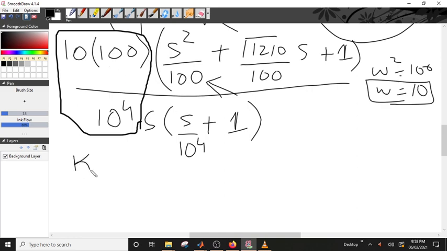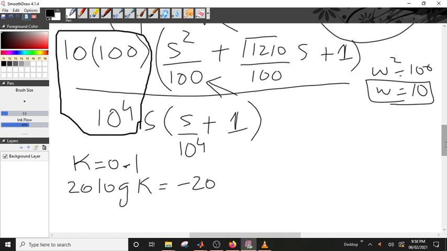So k is equal to 0.1, but we are on the scale of dB, so we will take 20 log of k, so k is 0.1, so 20 log of 0.1 is minus 20, right?